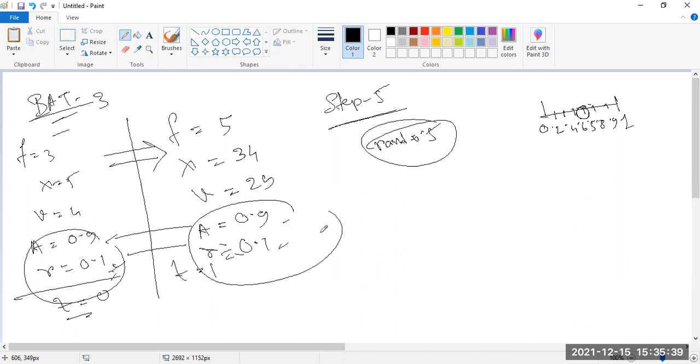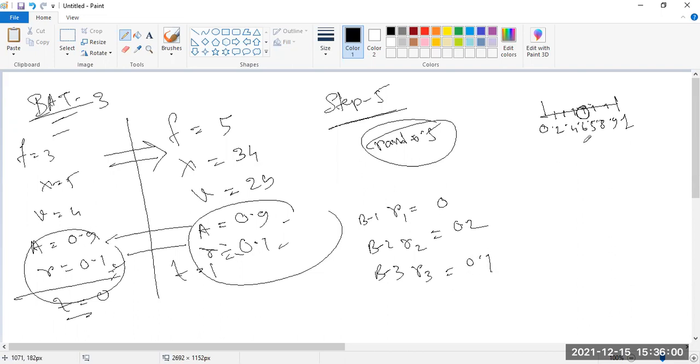But what is the condition? Say for r1 we have seen this is 0. For bat 1, bat 2, bat 3, the r values were 0, 0.2, 0.1.